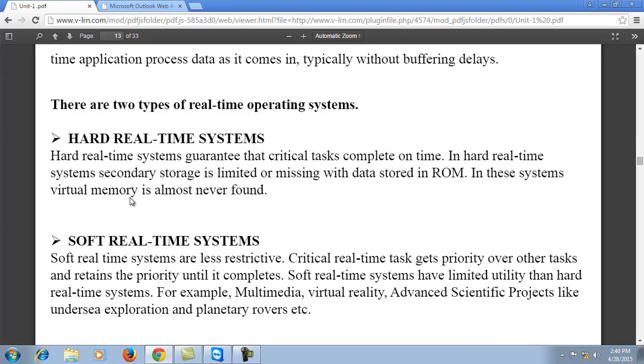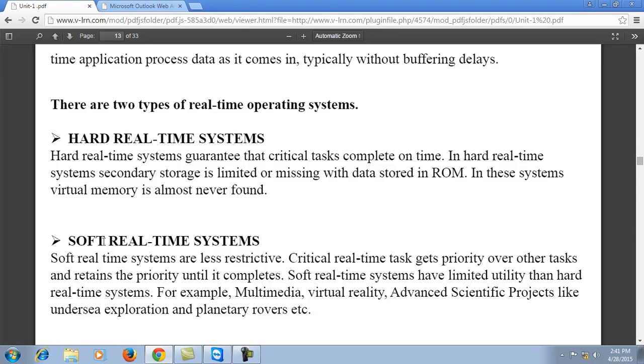There are some more constraints. Hard real-time systems guarantee that critical tasks complete on time. In hard real-time systems, storage is limited or missing, with data stored in ROM. Virtual memory is almost never found in these systems.